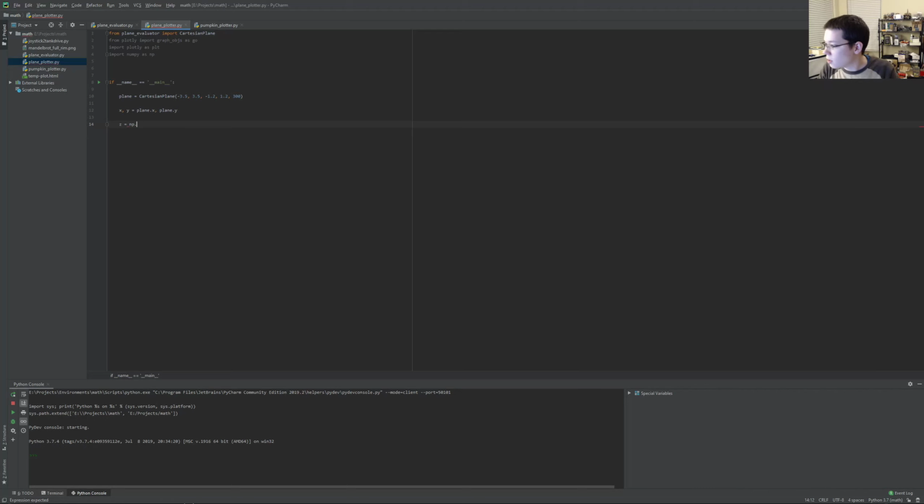Z equals log, which I believe by default is natural log, of 3 minus x squared minus 4 times y squared. Not 4. The original problem had a 4. 3. And it's not 3s, it's 9s.